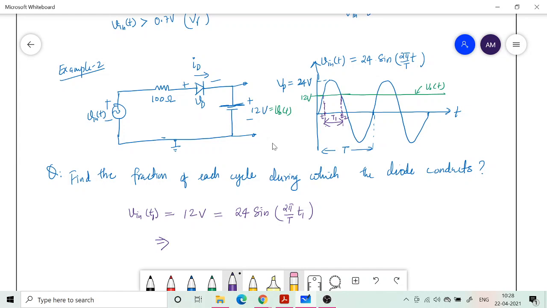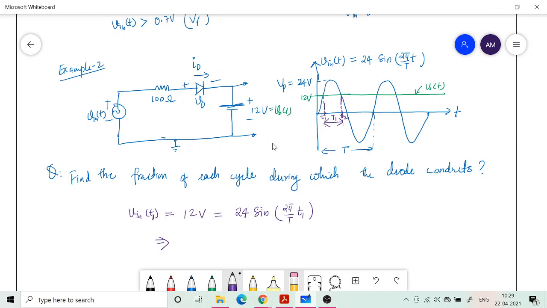We are saying that the P side voltage has to become 12 volt. In other words, when V in is greater than 12 volt, that is the time the diode turns on and becomes equivalent to a closed circuit or a closed switch.